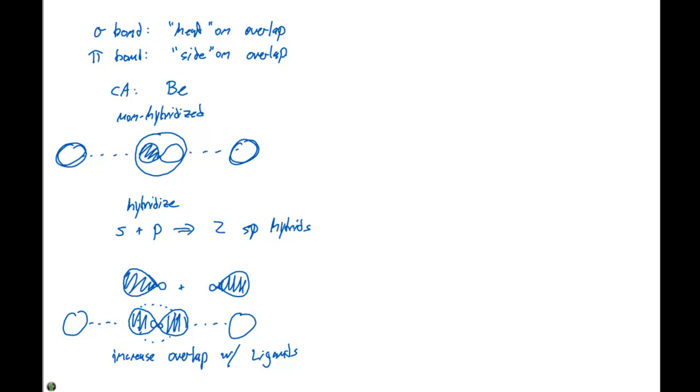So by hybridizing together, we can look at how these interactions are going to increase, and this will be the driving force to hybridize, because we want to increase the overlap with the ligands so we can form a stronger bond and lower the overall energy of each of these molecules.